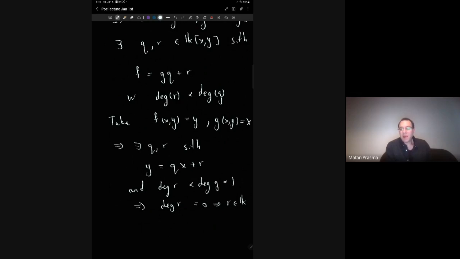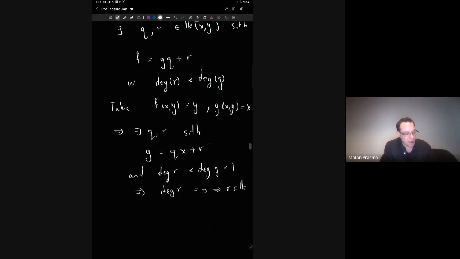But then this is a polynomial equation. It needs to be true for any substitution of x and y. So I can substitute y equals 0 and also x equals 0.